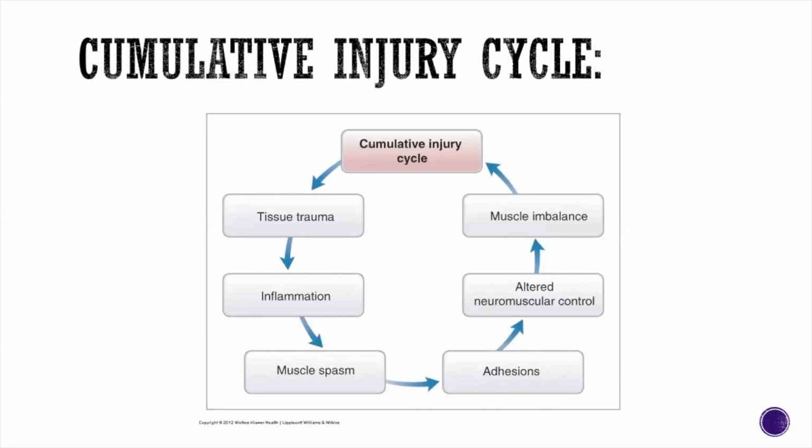So then the injury becomes worse, or at least the ramifications of it become worse. We get more tissue trauma, more inflammation, more muscle spasms, more adhesions, which impairs that neuromuscular control even more, which creates more imbalance. And this will continue to cycle and cycle until we can actually break it. And we're going to talk about how we break it.